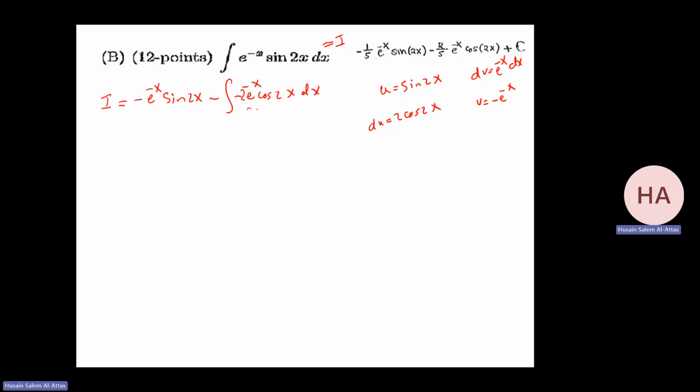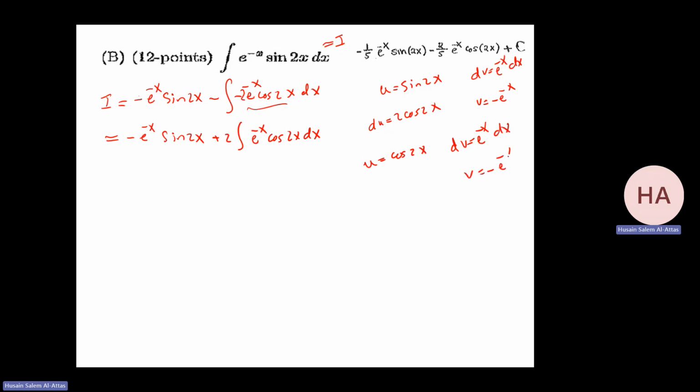Now we need to do this, or let me rewrite it first. Minus e^(-x) sine 2x plus 2 e^(-x) cosine 2x dx. Now we'll do by parts again. u equals cosine 2x, dv is e^(-x) dx.